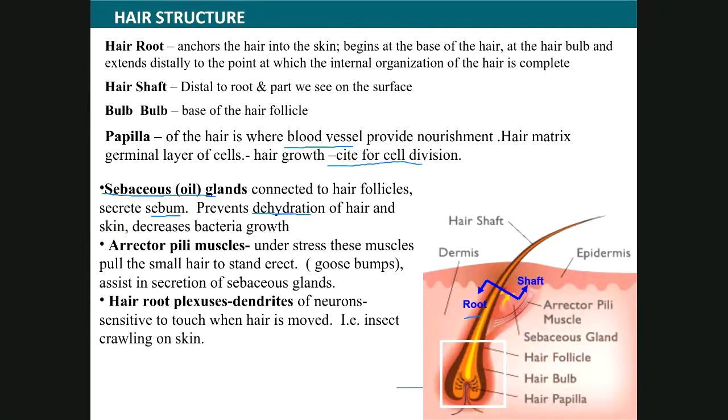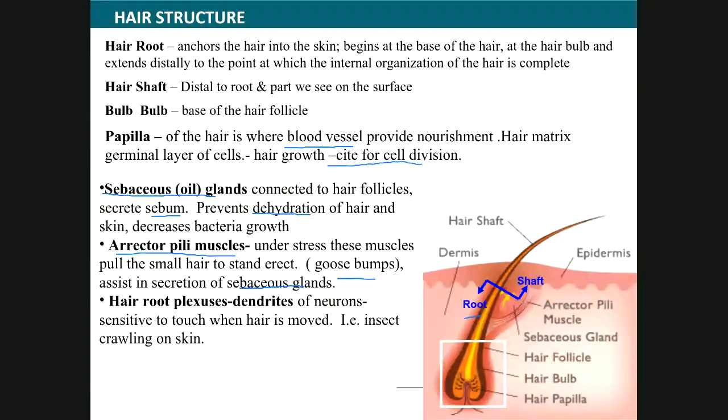We've got these muscles around the hair called the erector pili muscles. So under stress, these can contract and the hair will lift up. We call that goosebumps. The contraction of these erector pili muscles also assist these sebaceous oil glands from secreting their sebum to protect the hair itself.